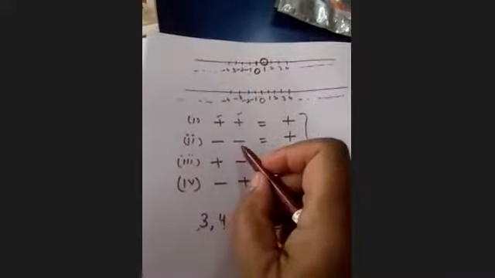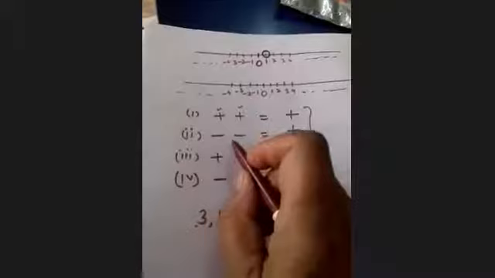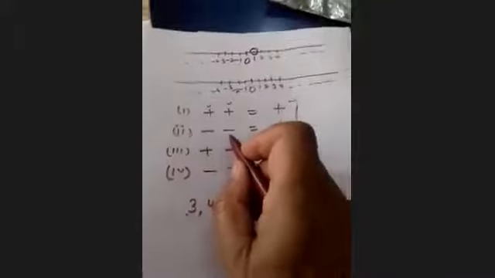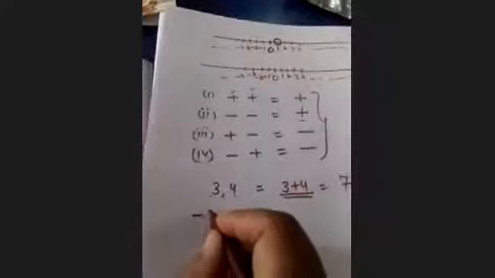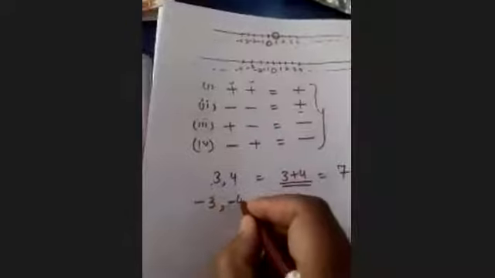Next, minus, minus, plus. If we have two negative integers, then how can we add these integers? We will add them. For example, we have -3 and -4.